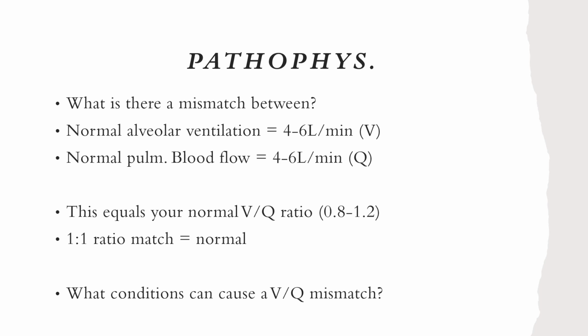In normal lungs, the volume of blood perfusing the lungs and the amount of gas reaching the alveoli should be identical. That's where we should be getting our normal 1-to-1 ratio match. When there's not that 1-to-1 ratio, maybe a 1-to-3 or a 3-to-1, that's where we have that VQ mismatch. So what conditions can cause a VQ mismatch?